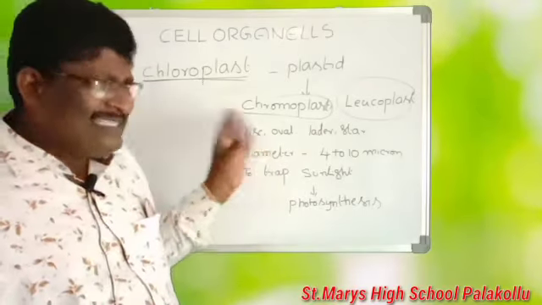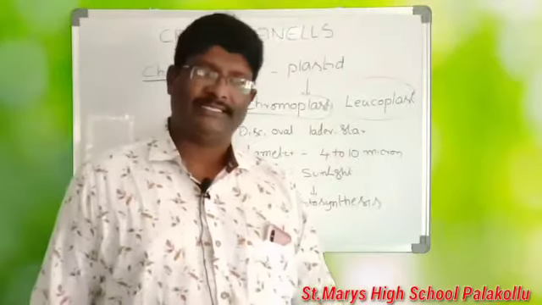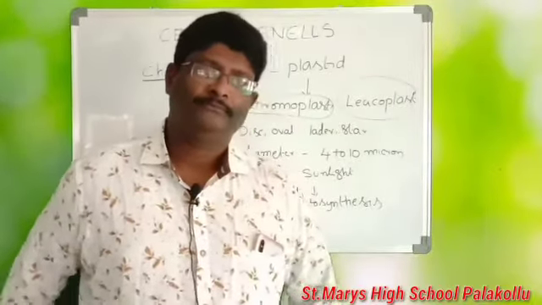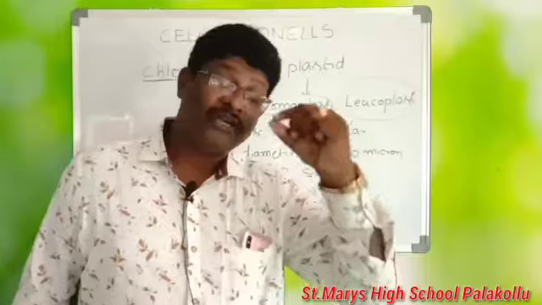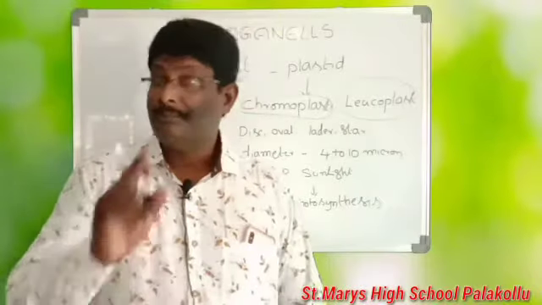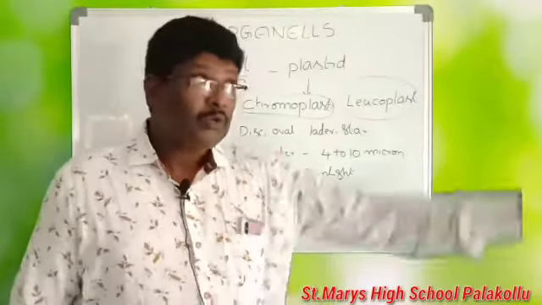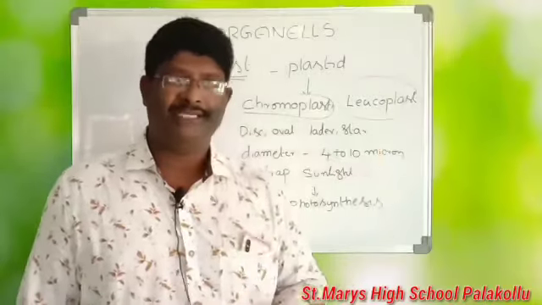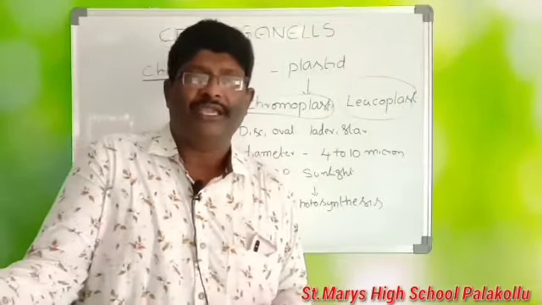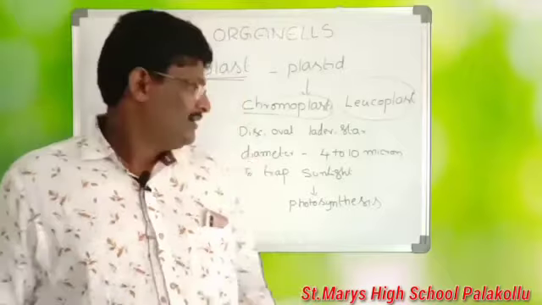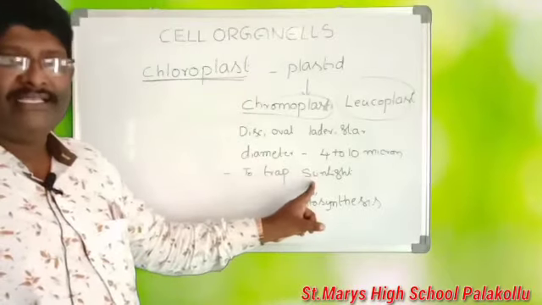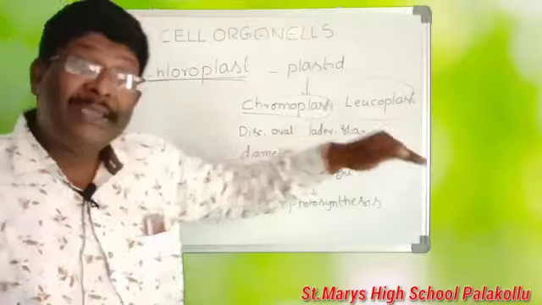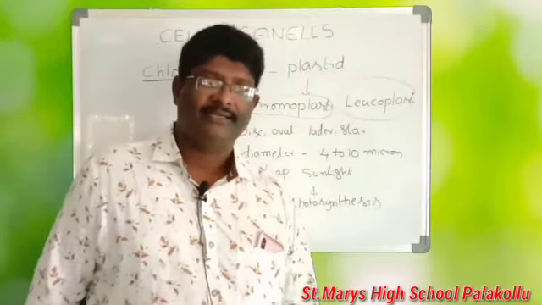So what is the main function of this chloroplast in the plant cell? The main function of this chloroplast is to trap the solar energy and convert it into chemical energy.